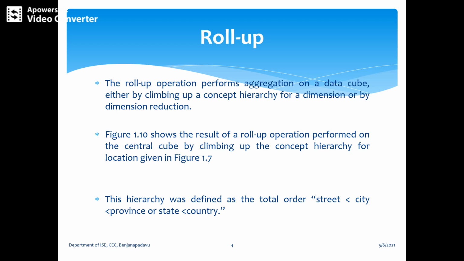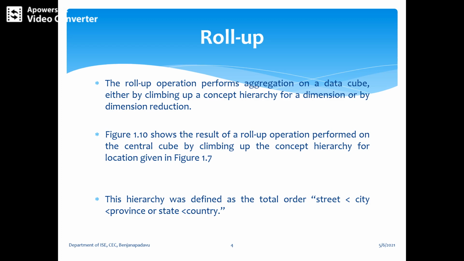Both ways we call the roll-up operation. We can show the figure later. In that figure, the result of a roll-up operation is performed by climbing up the concept hierarchy for the location dimension.